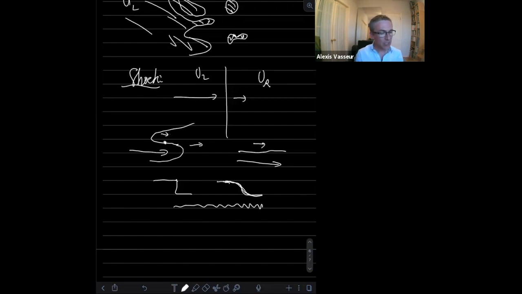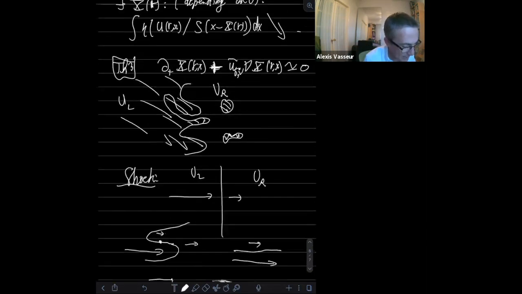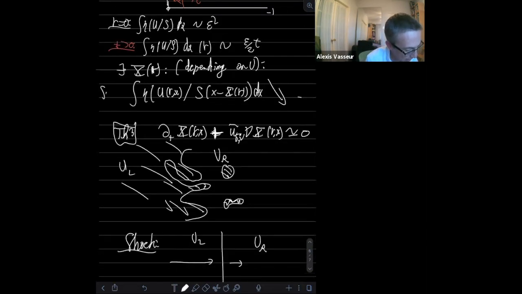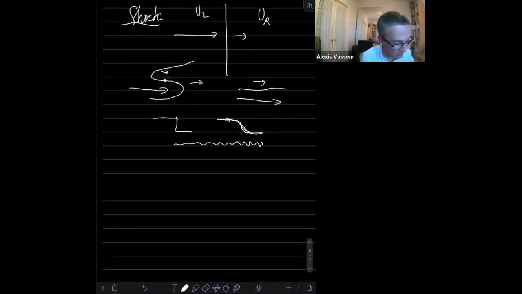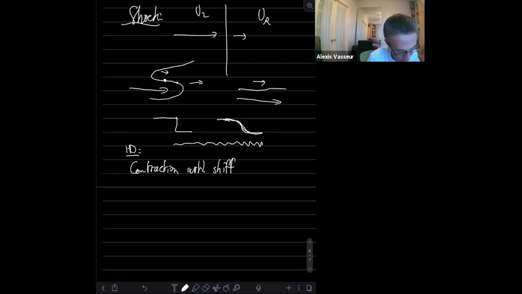And since I have really only a few moments, when I was talking about contraction with shift, I didn't say the A. It's because I cheated actually here. I said that this is true for scalar, and that you can do the same for systems, and this is not true. The last thing that I will say is that contraction with shifts, even in 1D, even with shifts, is wrong for systems.